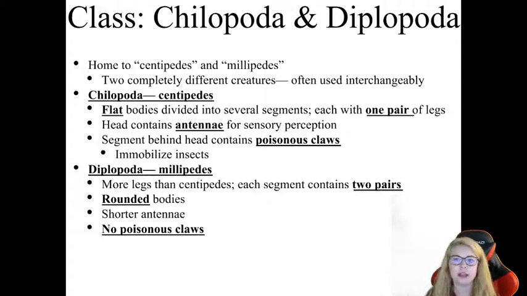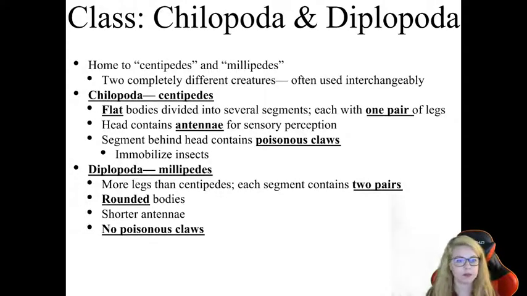So class Chilopoda is for the centipedes, and centipedes typically have flat bodies divided into several segments, each with just 1 pair of legs. So each segment only has 1 pair of legs. It typically has a head which contains antennae for sensory perception.